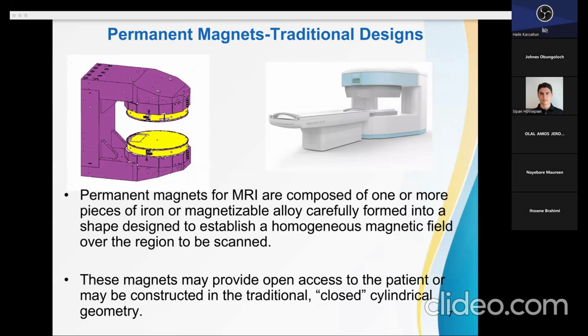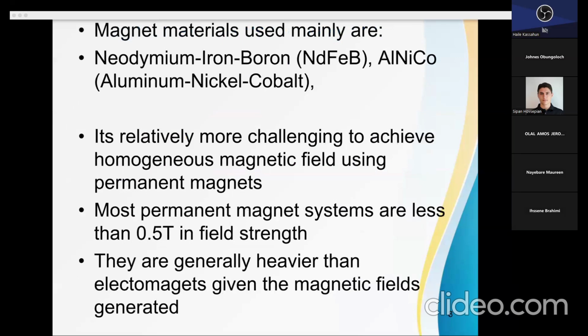The magnets might provide closed access or open access to the patient. Some of the older permanent magnet systems are open magnets, which are preferable for patients who fear closed environments, or claustrophobia. This might be a better option for them, as you are able to see the outside world when you are being imaged.